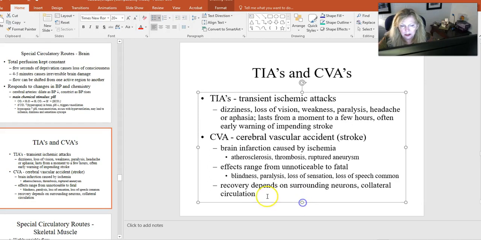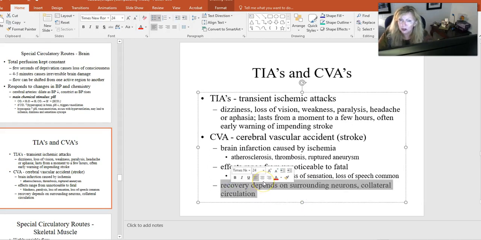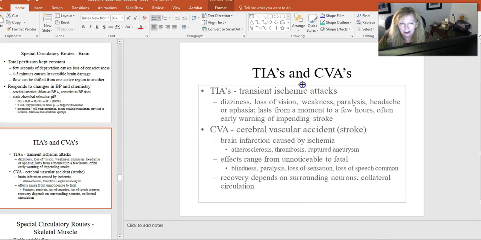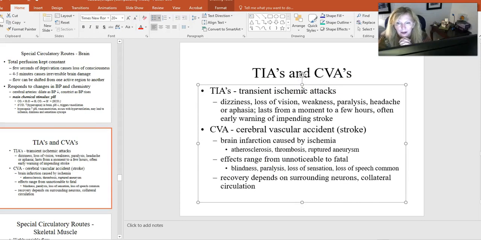It all depends. Recovery is going to depend on the surrounding neurons, how much damage was actually done, and how quickly intervention occurred. The main thing about strokes, and you see all the public health announcements, is that fast reactions are vital in helping people to survive, but also to lessen the possibility of permanent extensive damage.